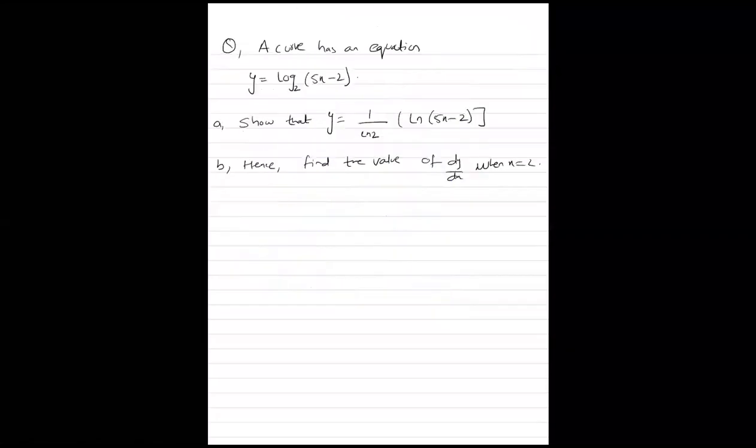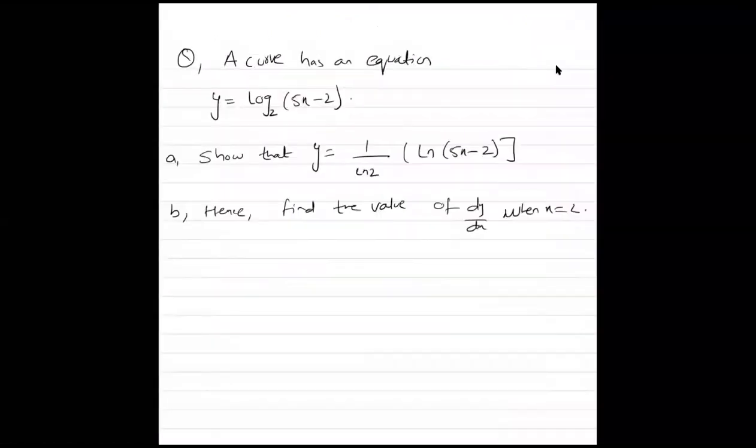All right. Now, for this question, this curve has an equation of log to the base 2 of 5x minus 2. The first part says show that y is equal to 1 upon ln 2 times ln of 5x minus 2. Now, this is the question in which the equation of the curve is not in the ln form. It is to some other base.